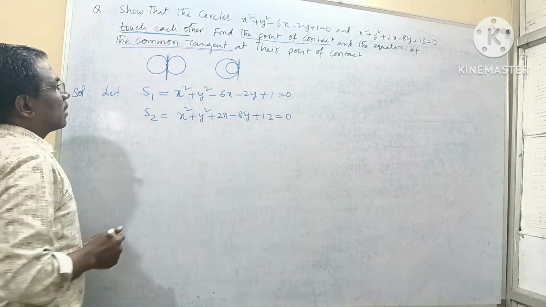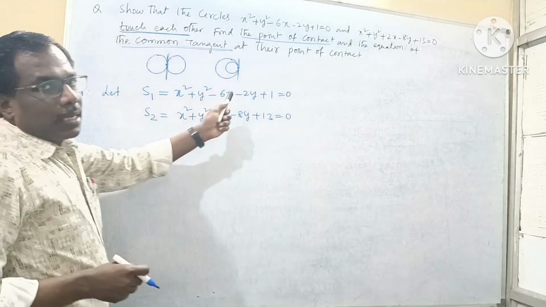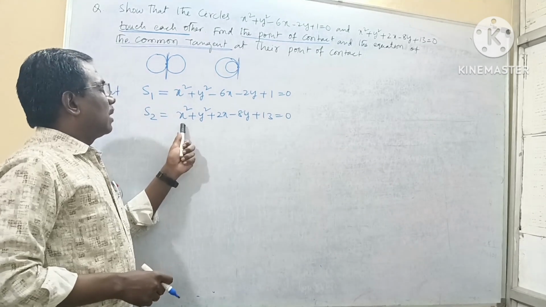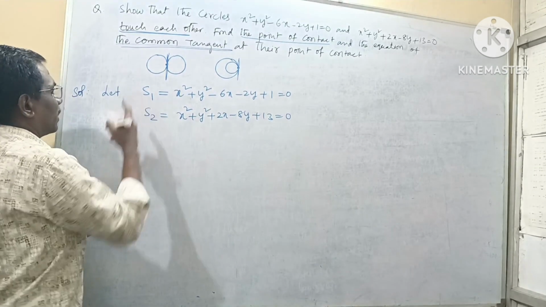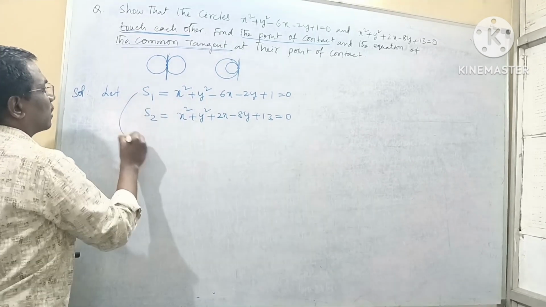So first we find the g value, f value, c value for the first circle, and next the g value, f value, c value for the second circle. So first I am finding for the first circle.